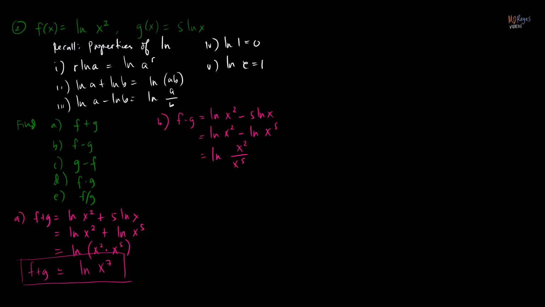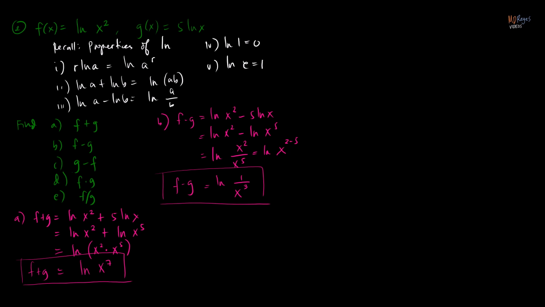Dividing x squared by x to the fifth, we copy the base x and subtract the exponents, 2 minus 5. So that will give you ln of x raised to negative 3, or simply ln of 1 over x cubed without the negative exponent.